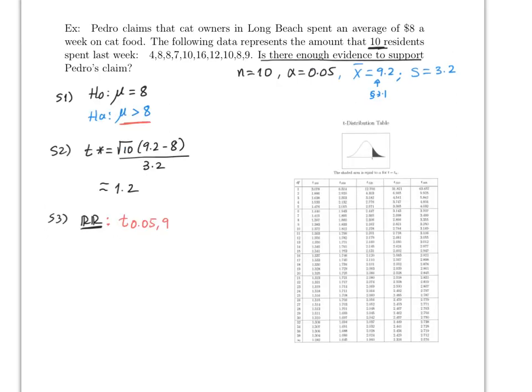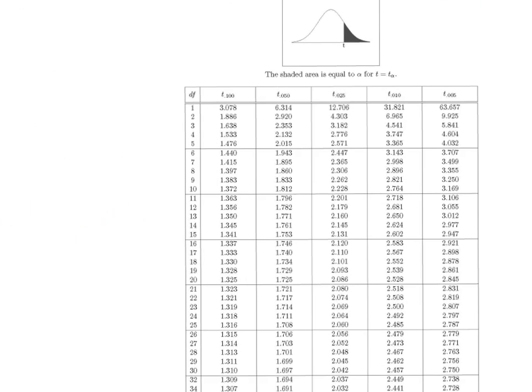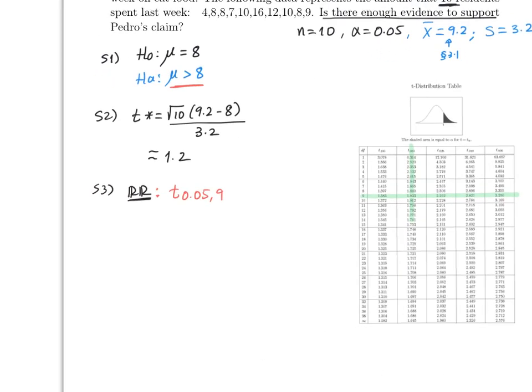So we look to the table again. The degrees of freedom this time are 9, and the value for alpha is 0.050, so this is equal to 1.833.